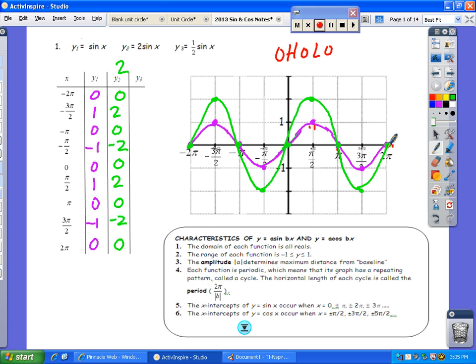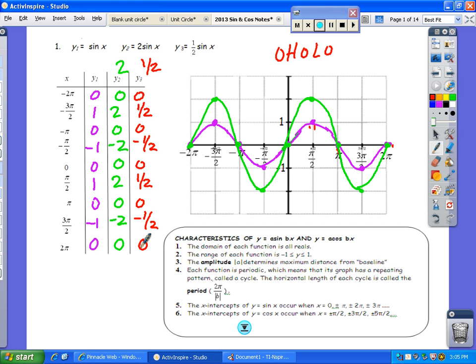All right, so what's the 1/2 going to do to our y values? You can answer me. It's going to take half of your y values. So we're going to have 0, 1/2, 0, negative 1/2, 0, 1/2, 0, negative 1/2, and 0. Notice that pattern is still repeating.